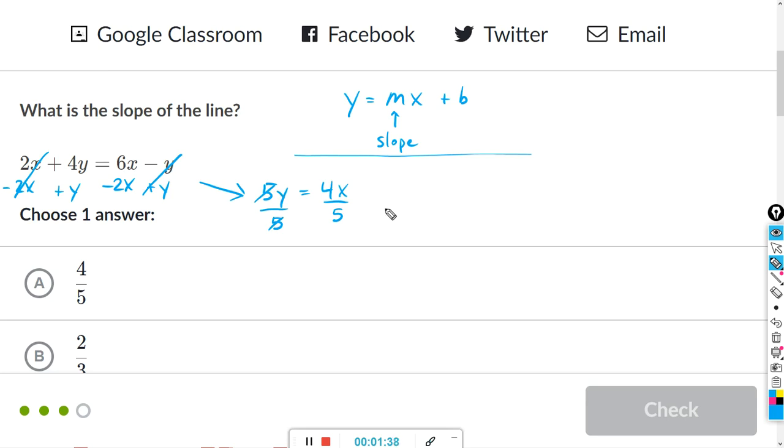Alright, and we have y equals 4x over 5, and that's the same as y equals 4/5 x. Okay, if the x is in the numerator or it's out front, that's the same thing. So the slope is the number that's multiplied by x, and in this case it's 4/5. Answer A.